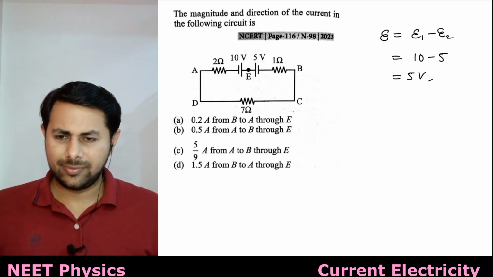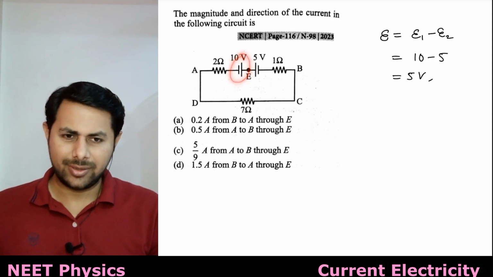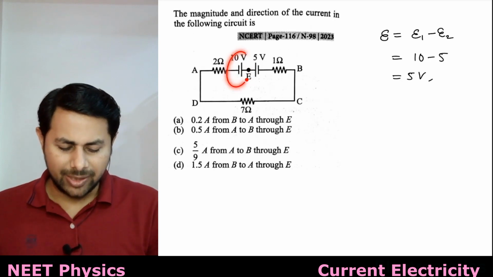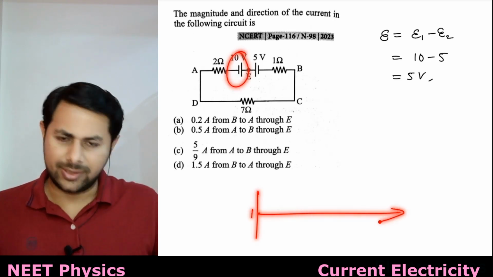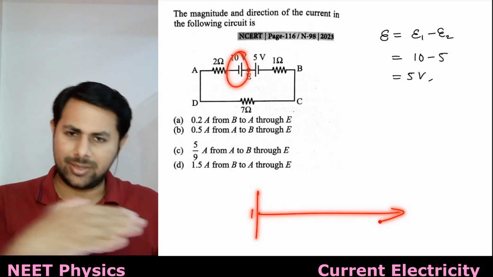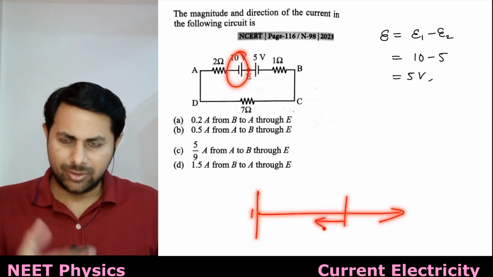Tell me. See, this is a bigger battery. No, this is the 10 volt battery, it sends the current like this. The bigger battery is sending the current towards right. The smaller battery is sending current towards left.